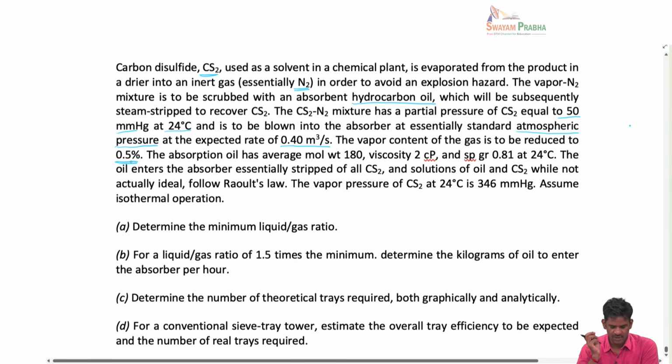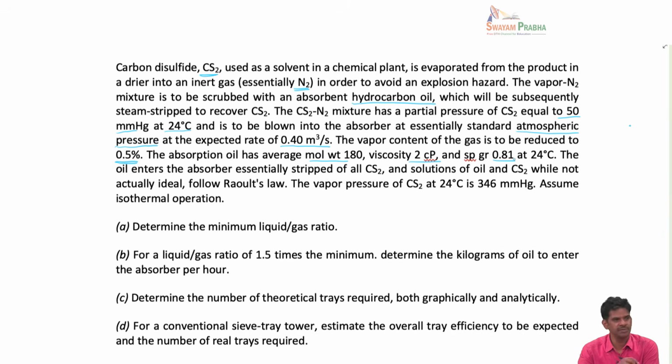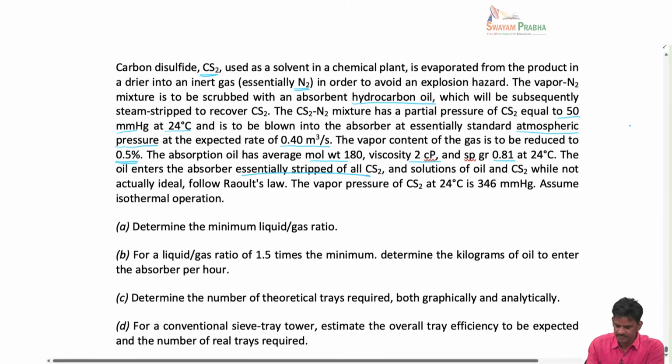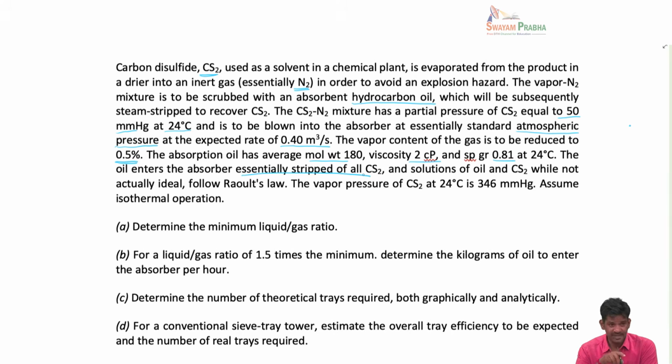The absorption oil has an average molecular weight, viscosity and specific gravity at 24 degrees Celsius. The oil enters the absorber essentially stripped of all CS2. That means the hydrocarbon oil is pure. It does not have any solute CS2. So that's what this means. And the solutions of oil and CS2, while not actually ideal, follow Raoult's law.